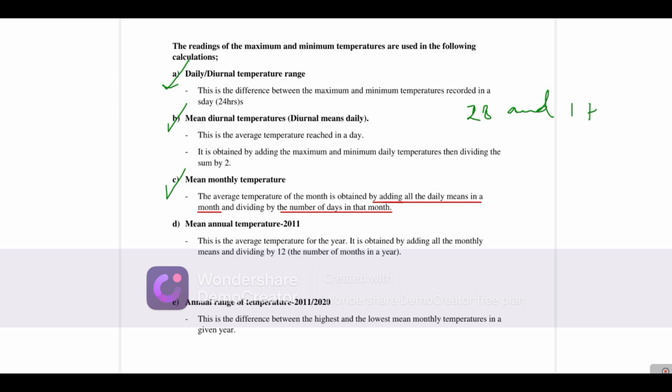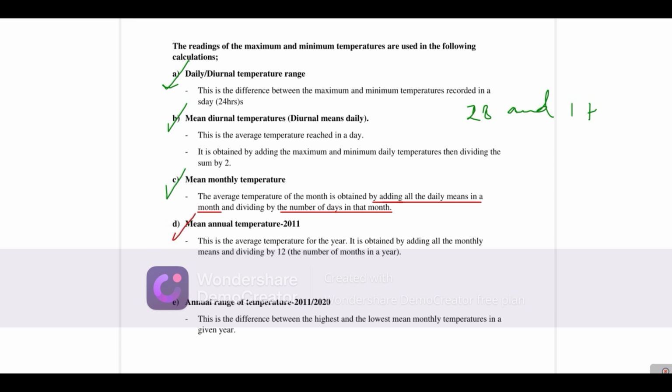So we must be able to add day 1, day 2, day 3 up to the last day of that particular month. After adding all the temperature values, we divide by the number of days in that month. That is number 3, mean monthly temperature.